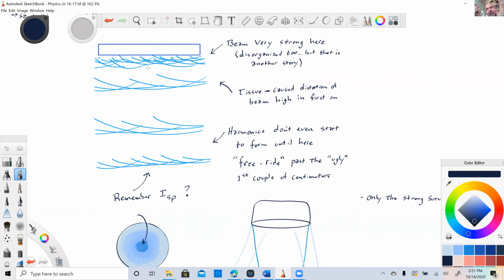Yeah, I know we've said the beam is most intense at the focal point, and sure, kind of theoretically, yes, that's what it is, but it hasn't gone under a lot of attenuation at the very beginning as it's just going into the skin. So it's very strong at that point. Not to mention, it's actually disorganized, but that's another story that doesn't really apply right now, but I just wanted to mention that.